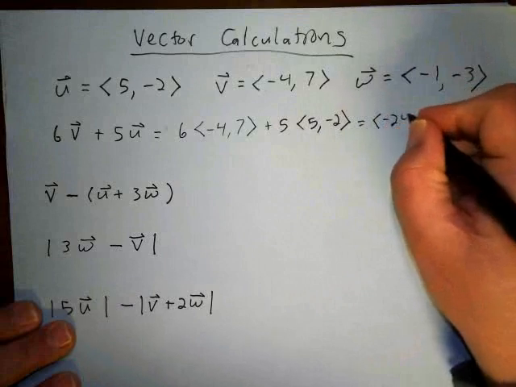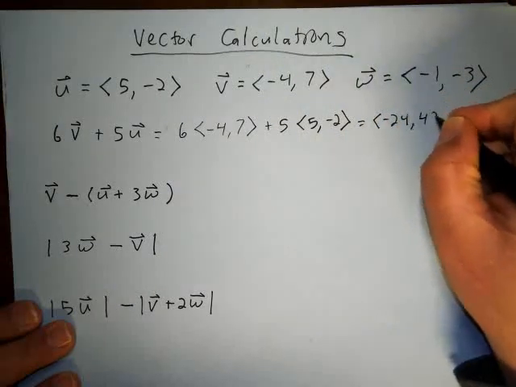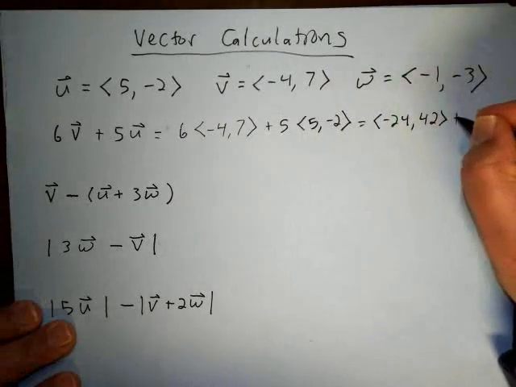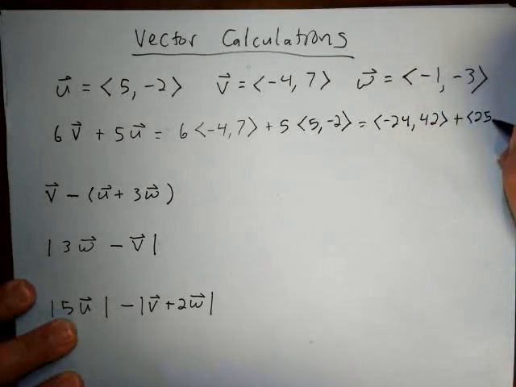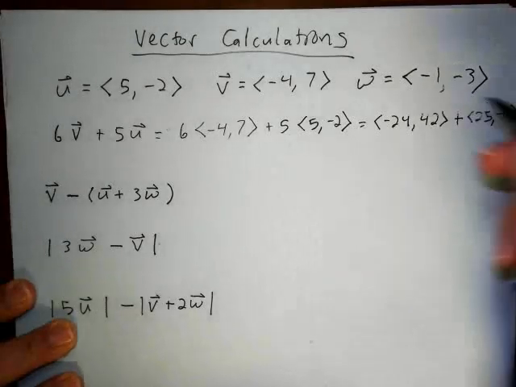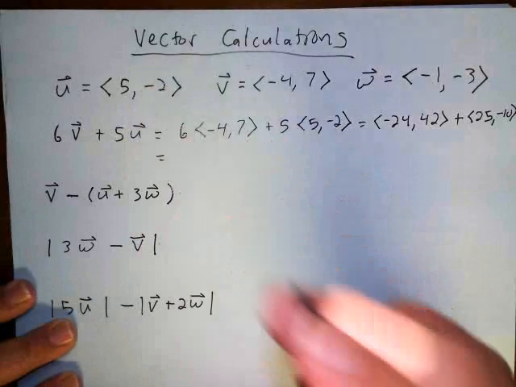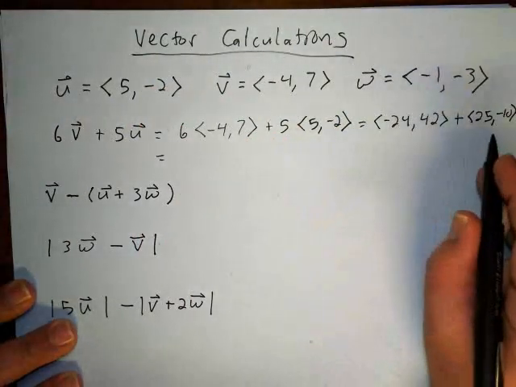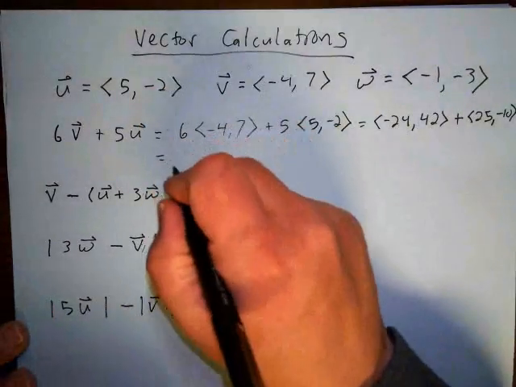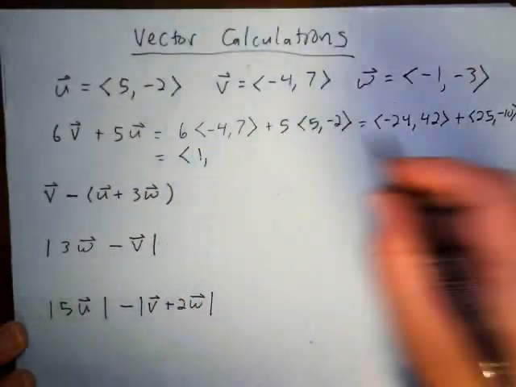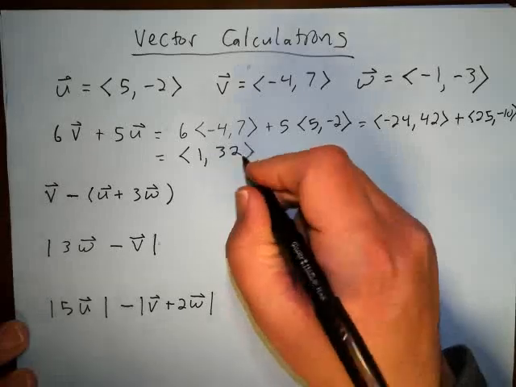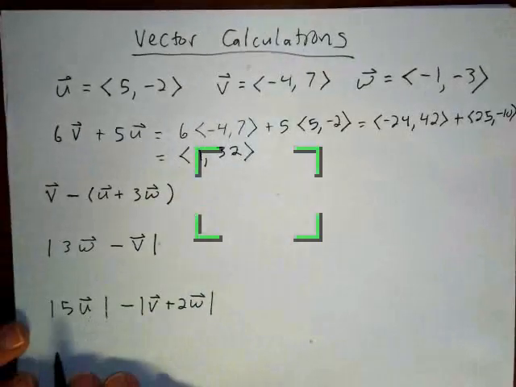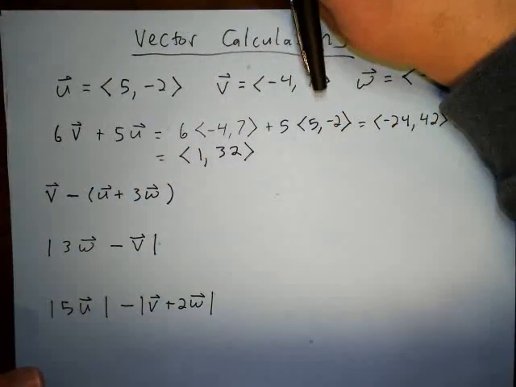So this would be (-24, 42) plus (25, -10). Then I can add the two vectors, and I would get (1, 32). That would be the result of this particular calculation.